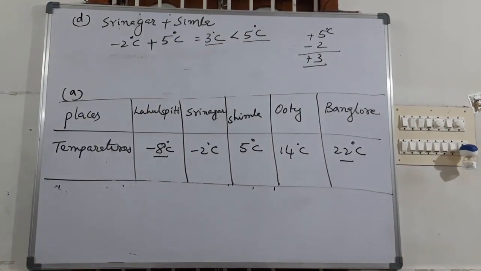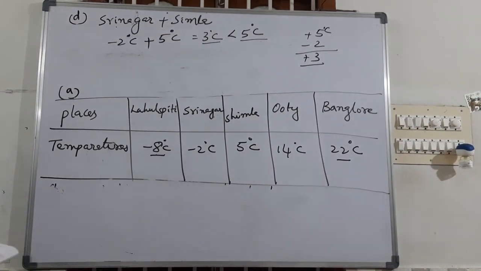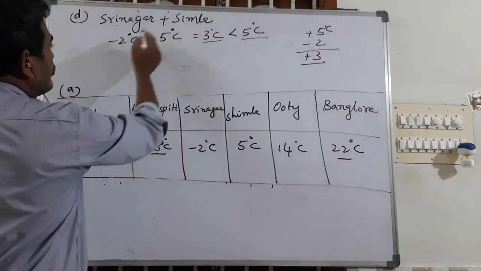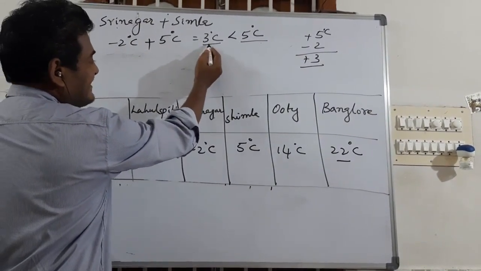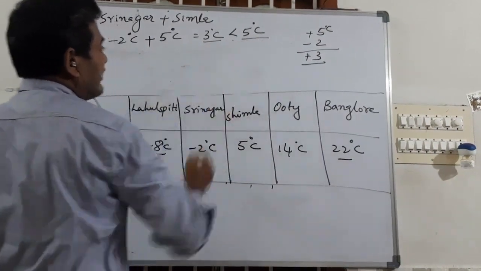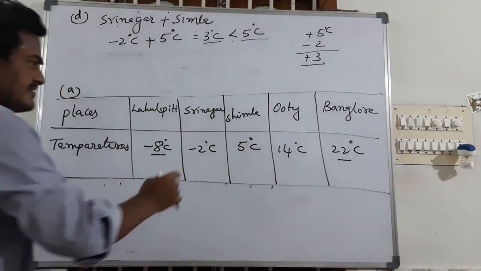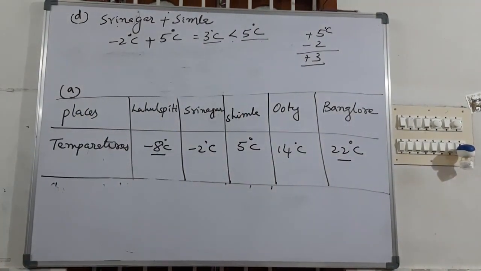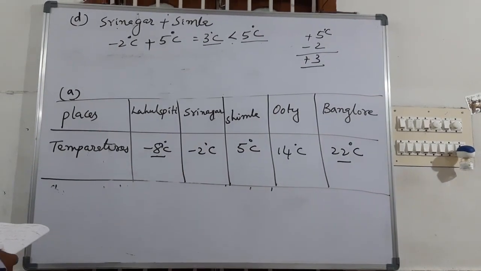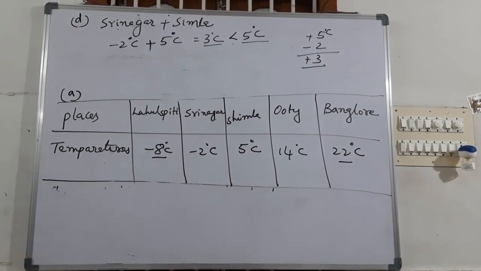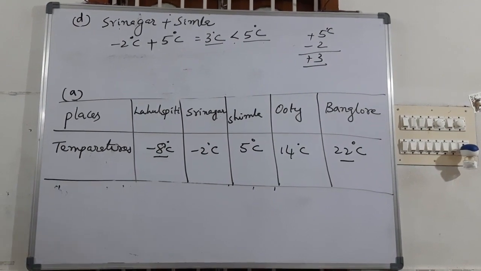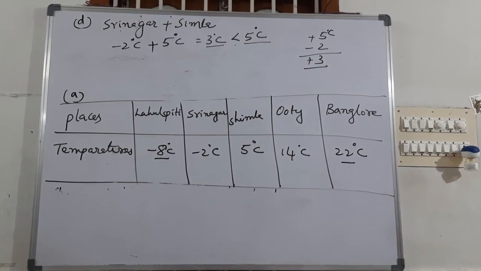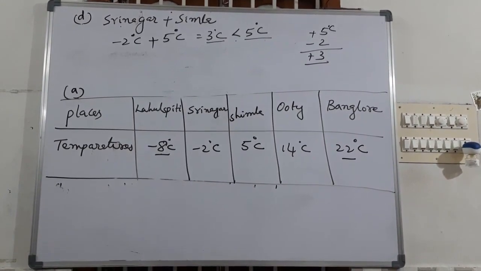Less than Shimla's temperature. If you add Srinagar and Shimla, we get 3 degrees Celsius, which is less than 5 degrees Celsius, that is Shimla's temperature. This is the first question in the D. Second, in this one more question they are asking. Is it also less than the temperature at Srinagar?